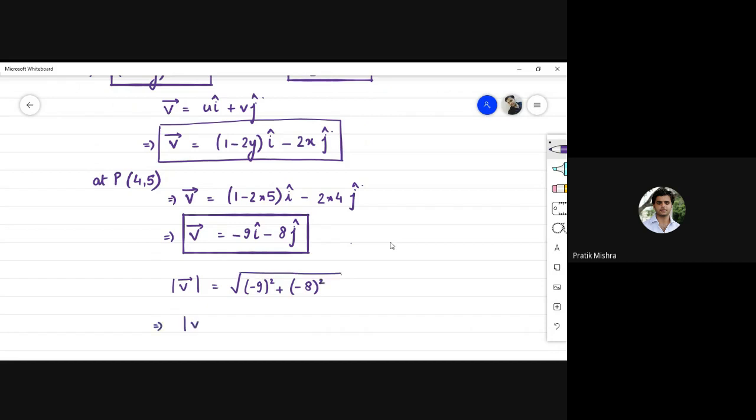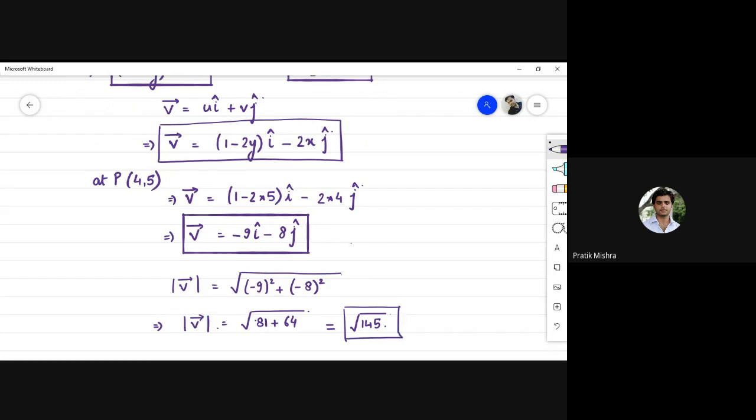So root over 81 plus 64. So this comes out to be root over 145. So this is your velocity at point 4, 5.